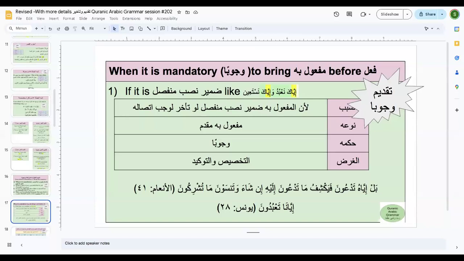So if your damir is maf'ul bihi, an independent pronoun, it must be before your fa'il. The same thing here: Iyyahu tad'una, iyyana ta'budun. Iyyahu is before the fa'il tad'una, iyyana is before ta'buduna. Why? For at-takhsis wa tawkid. Its hukm is wujuban. It is wajib for these damair munfasila to be before the fa'il.